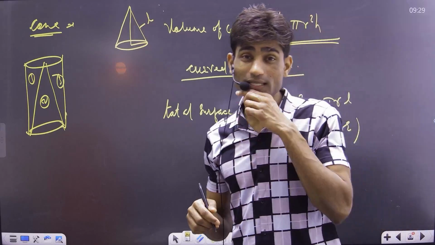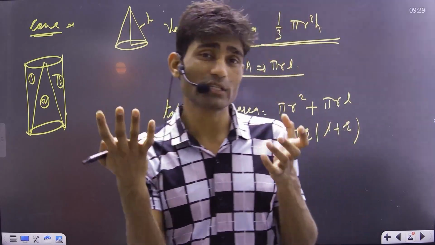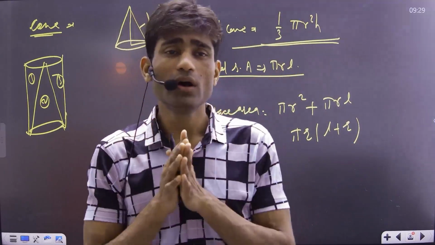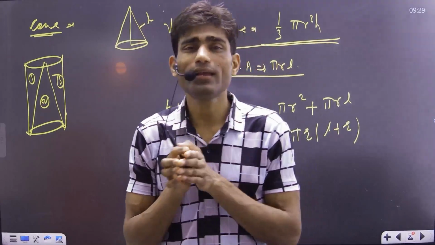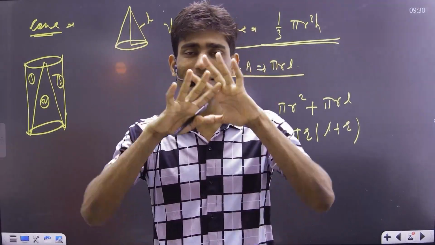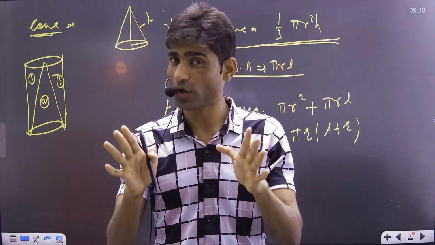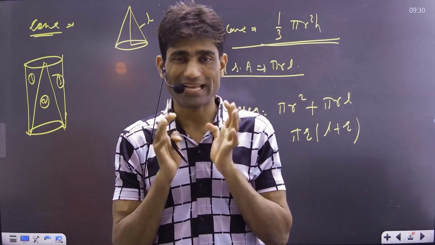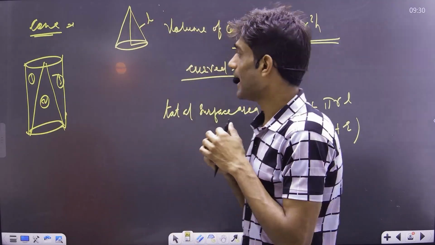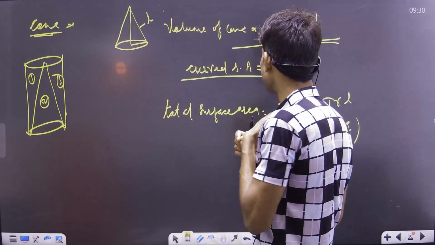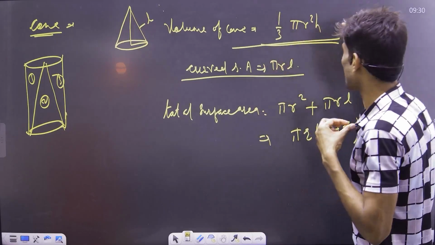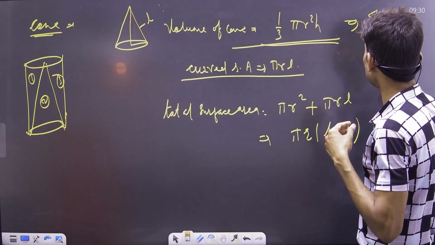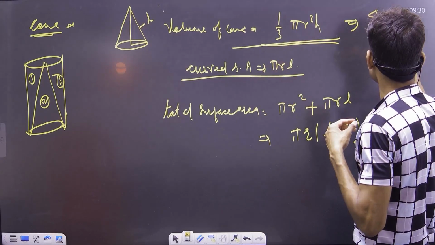The total surface area and the curved surface area of a sphere are both equal. The volume is 4 by 3 pi r cube.